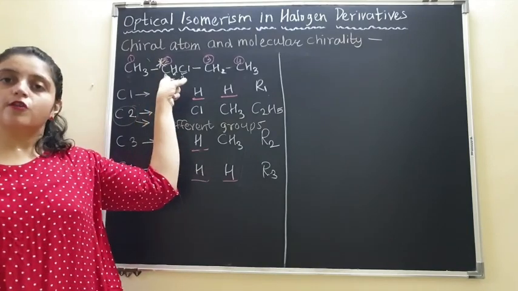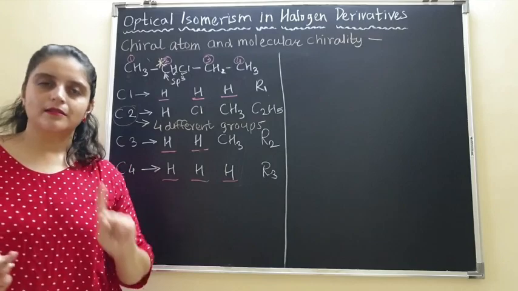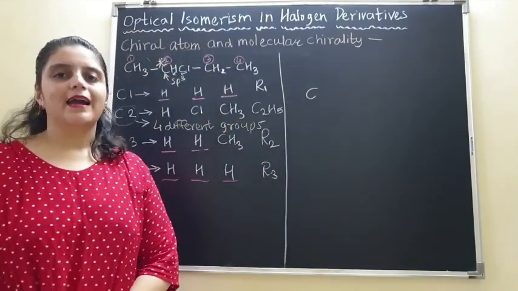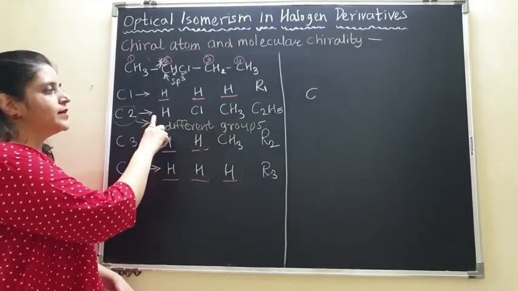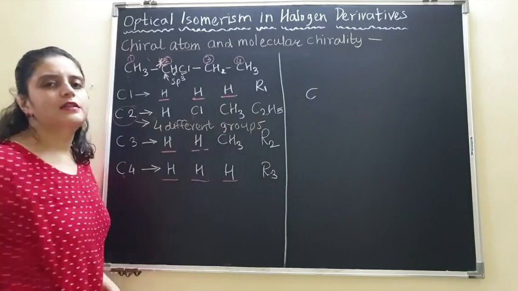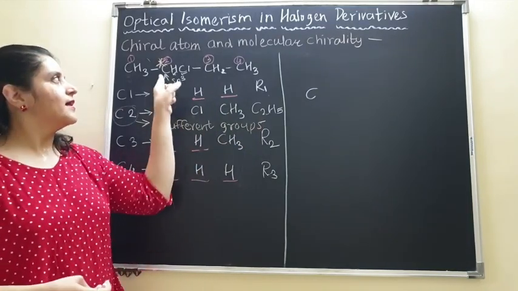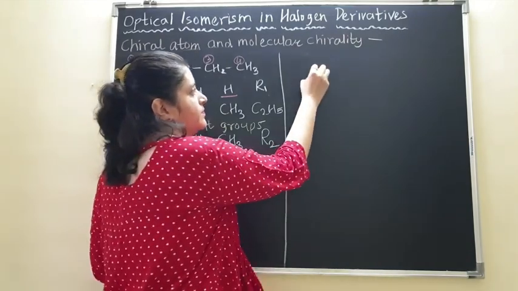So right now I will draw this second carbon atom, the chiral carbon atom at the center. So I have drawn one chiral carbon atom over here. And what are the 4 different groups attached to it? H, Cl, CH3, C2H5. So let us draw all 4 different groups that are attached to the chiral carbon atom of the structure.